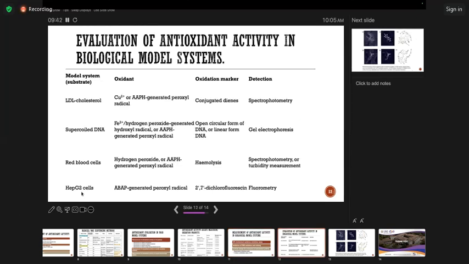All right. So for the evaluations in biological model systems, I mentioned just now there are a few. For example, with LDL cholesterol, it will focus on the oxidant, the peroxyl radicals generated. For the oxidation marker, we will focus on the conjugated dienes, and the detection will be by spectrophotometer.